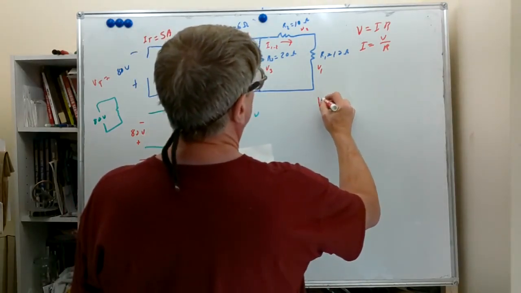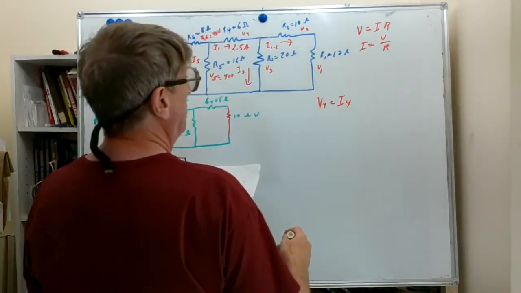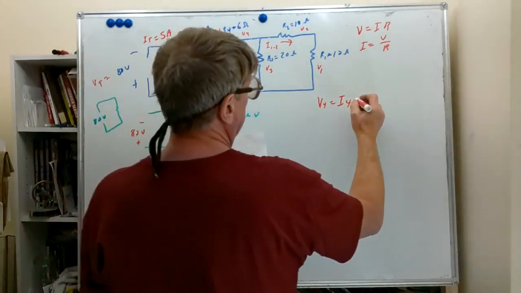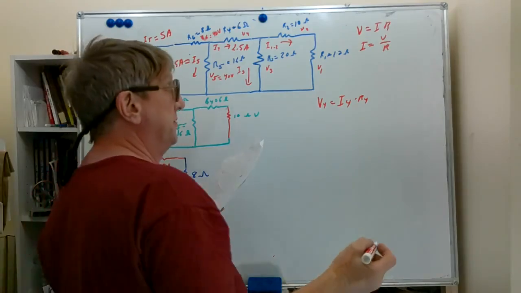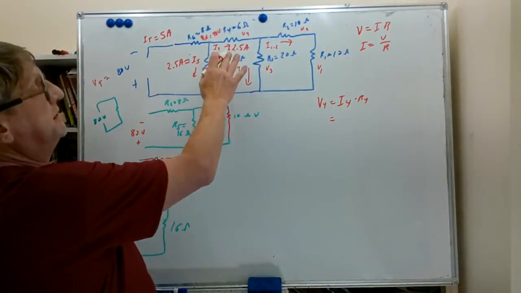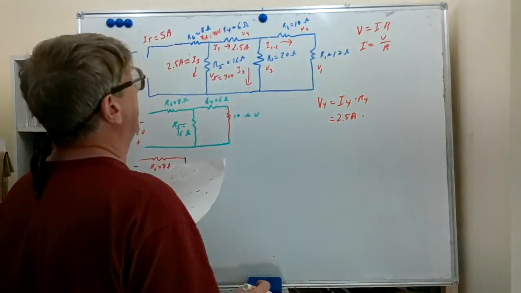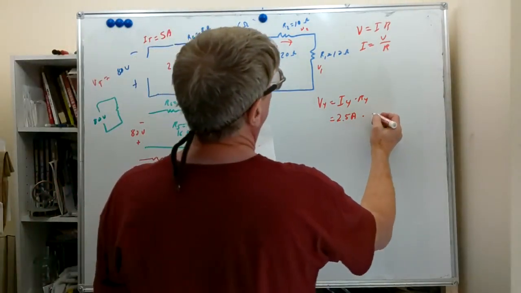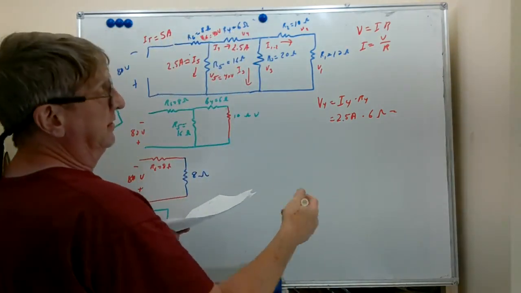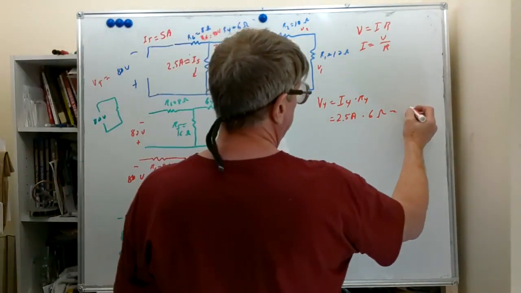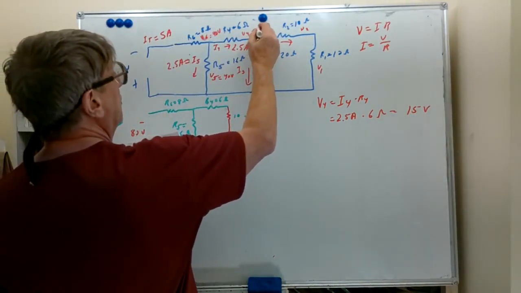So V4 is going to be I4 multiplied times R4. We just utilize that voltage equals IR formula. I4 we calculated to be 2.5 amps. And we're going to multiply that times R4, which was 6 ohms. And 2.5 times 6 is going to be 15 volts. So we have V4 equal to 15 volts.